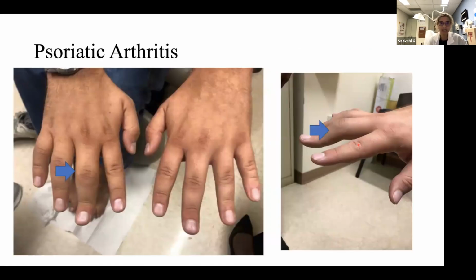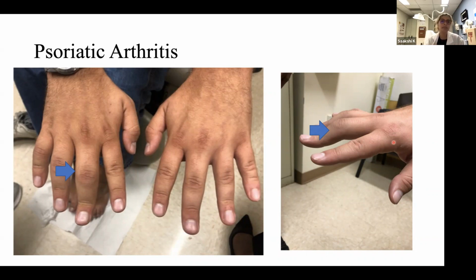Okay, and now why is psoriasis important? Psoriasis is important because of psoriatic arthritis, because a third of patients with psoriasis will develop psoriatic arthritis. The unfortunate thing is that we have no way of knowing exactly which patient develops psoriatic arthritis. The lag from the onset of psoriasis to developing psoriatic arthritis can be as long as 7 to 10 years, right?